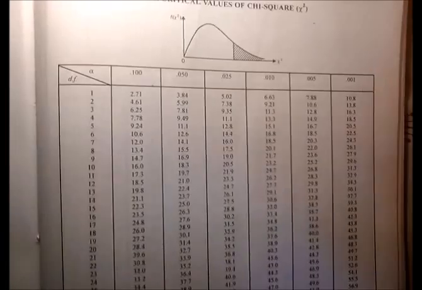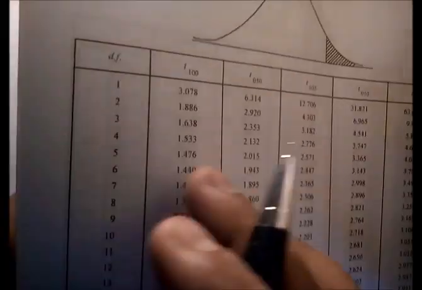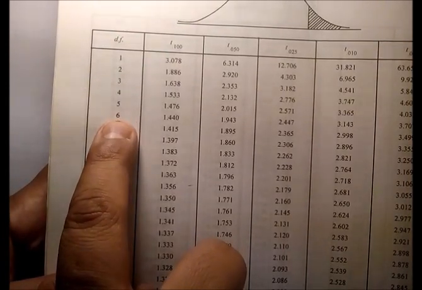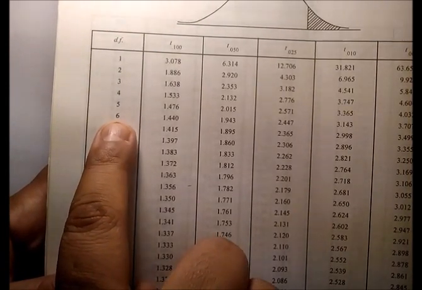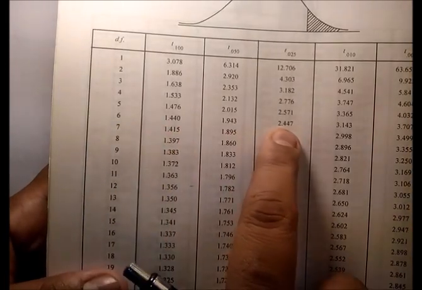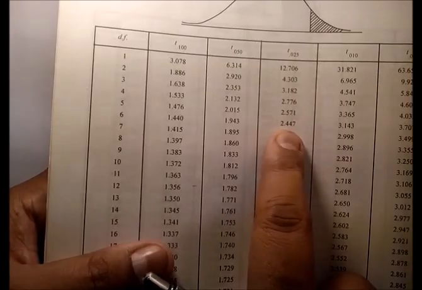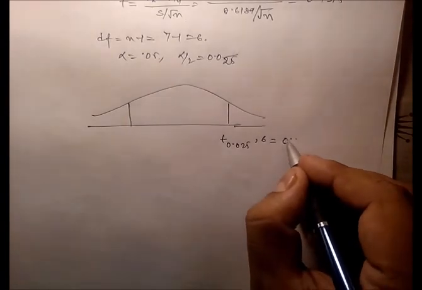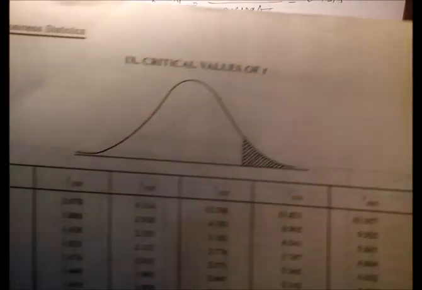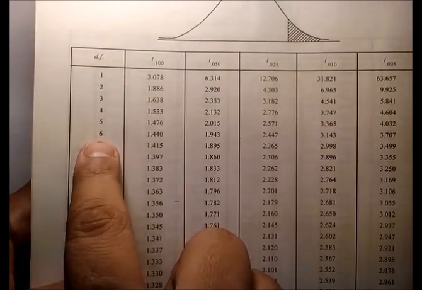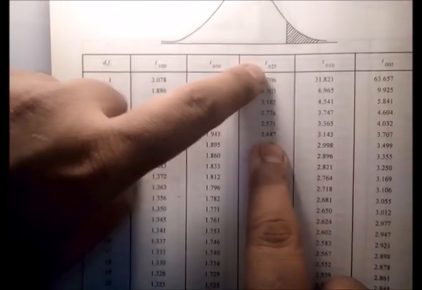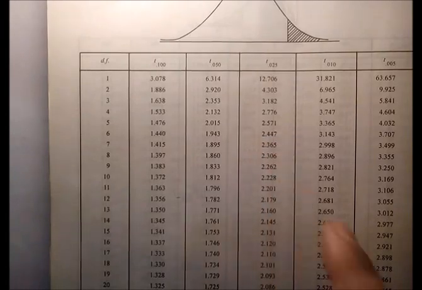The degree of freedom is 6, and alpha is equal to 0.025, so the value is 2.447.